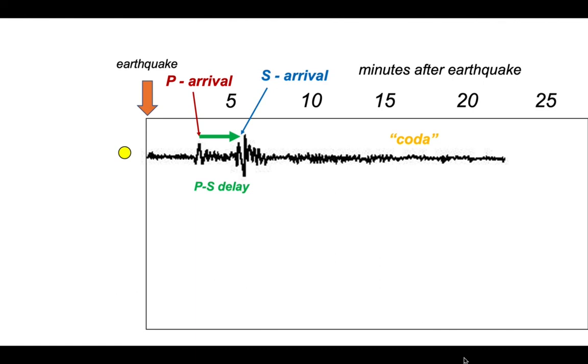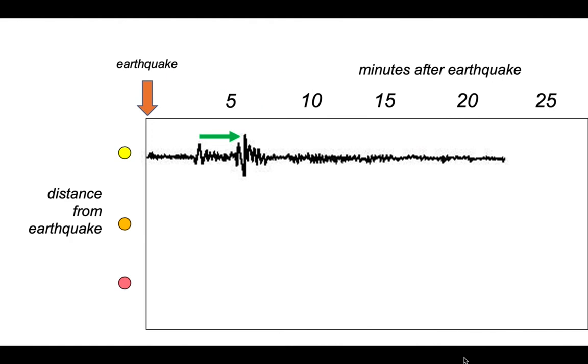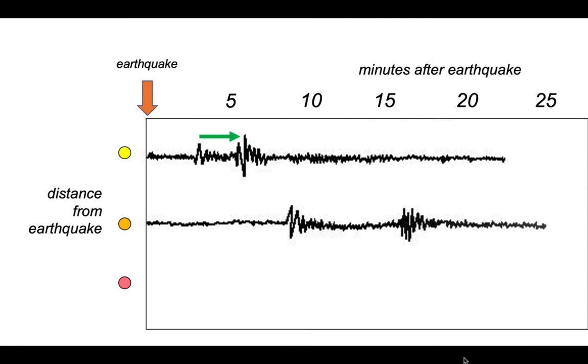So let's see now what the records are for stations that are located further away from the earthquake. We're going to look at two other stations, an orange one and a red one, at increasing distances away from the earthquake. So let's look at the orange one. There we go. And of course, because it's further away, the energy for the P wave and the shear waves have arrived significantly later than those recorded at the yellow station.